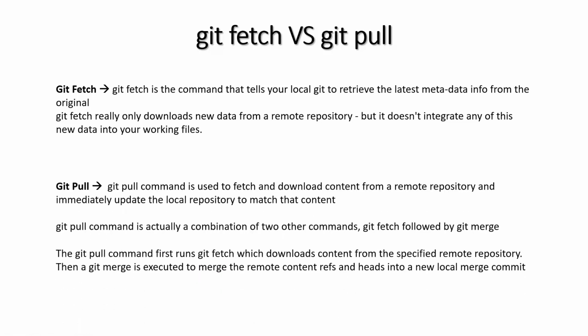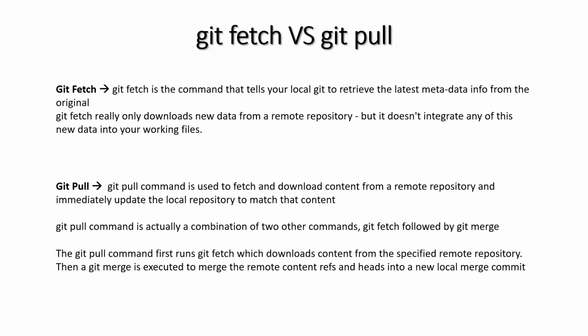On the other hand, git pull command is used to fetch and download the content from the remote repository. Content means here new changes which are committed by the other developers, right?